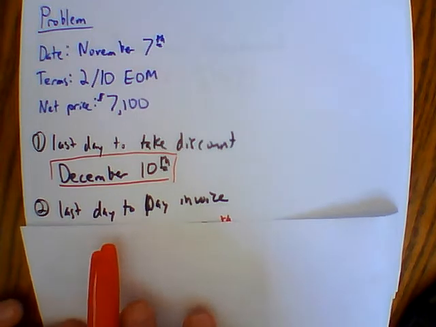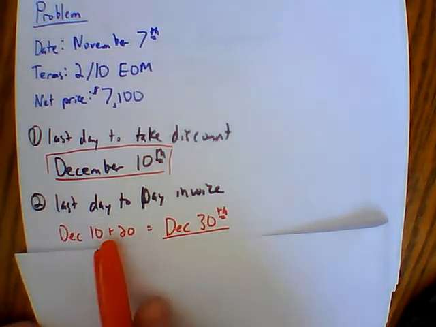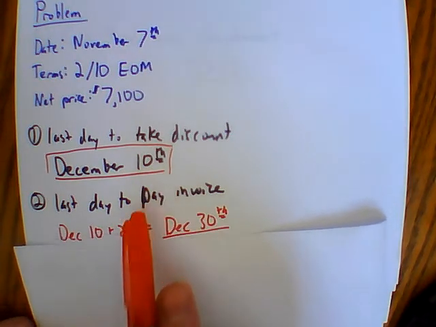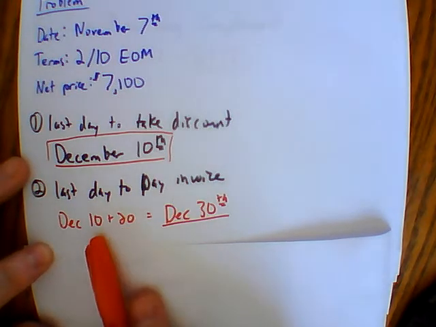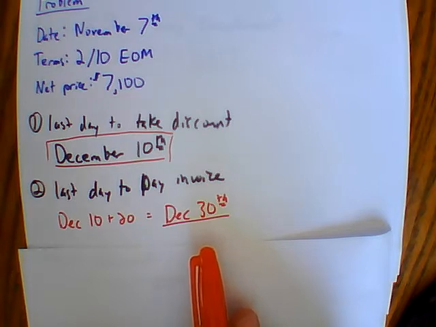The last day to pay the invoice is going to be 20 days after December 10th, because once again that's the last day to take a discount. So 20 days added to December 10th would be December 30th. Basically we have to pay by December 30th.